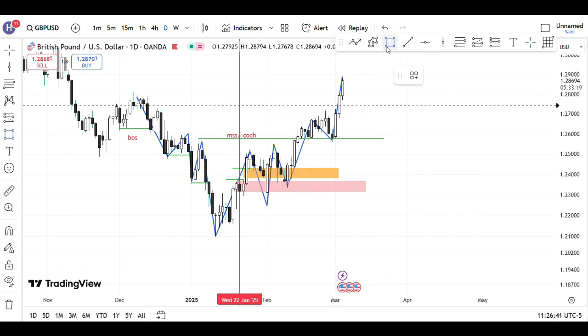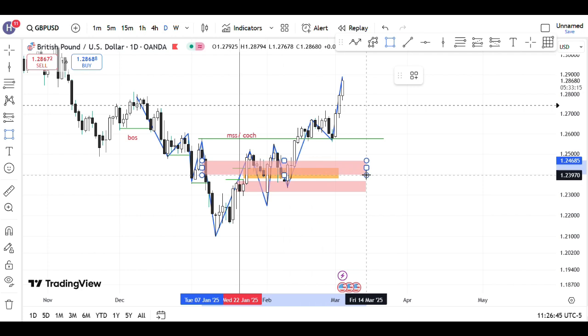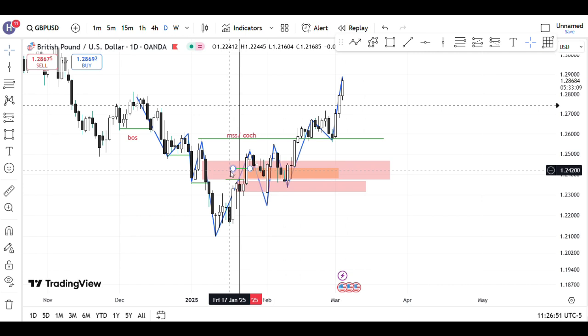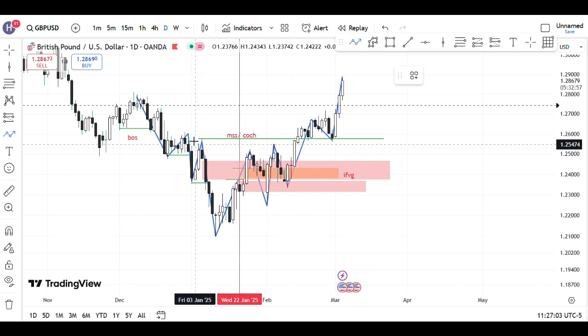I will show you that. There's a nice fair value gap. This fair value gap is called inverse fair value gap, not normal fair value gap. Inverse fair value gap. In inverse fair value gaps, what is the price behavior?